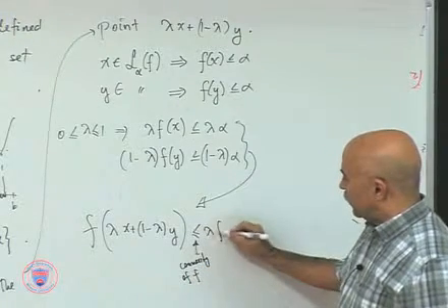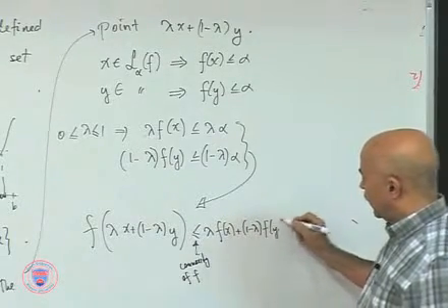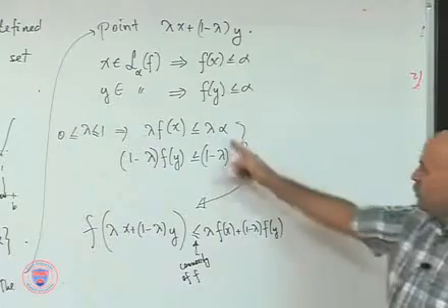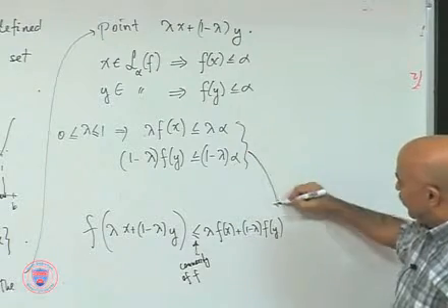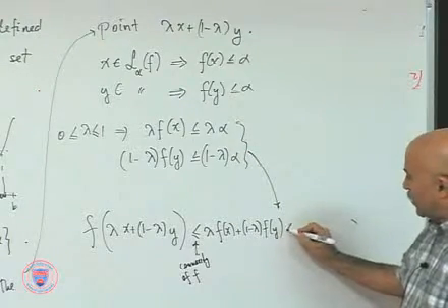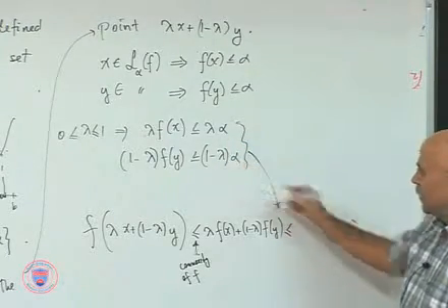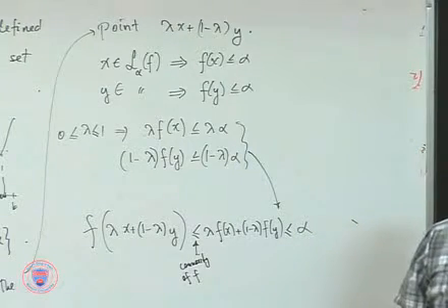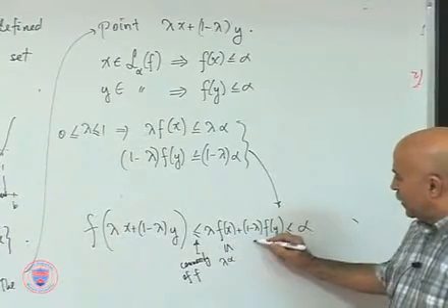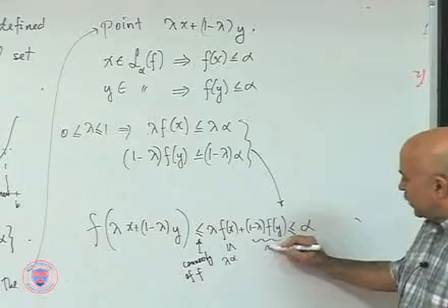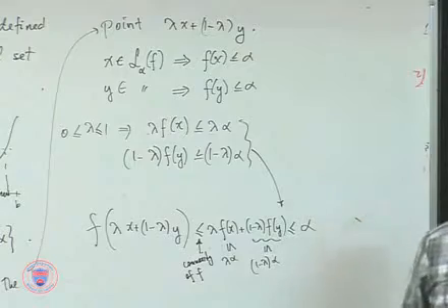It's less than or equal to lambda f of x plus 1 minus lambda f of y. That's from the convexity, which, of course, implies that it's less than or equal to the sum of lambda alpha plus 1 minus lambda alpha, which is alpha. Because this guy is less than or equal to lambda alpha, and this guy is less than or equal to 1 minus lambda alpha. So you just add them up, and that's it.